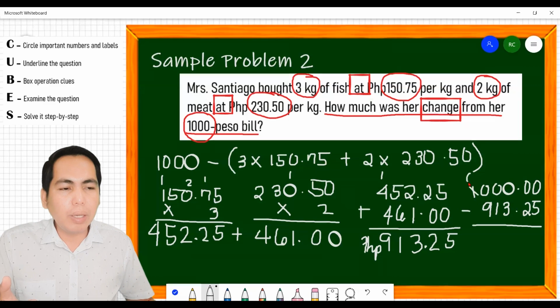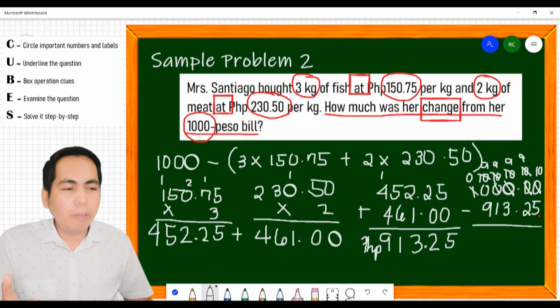So this 1 will become 0 and this 0 will become 10. Since the next digit is not enough, we have to regroup this 10 and this becomes 9 and this becomes 10 and so on. So we have to regroup this one and this becomes 9 and this becomes 10 and this becomes again 9 and this becomes 10 and this becomes 9 and this becomes 10.